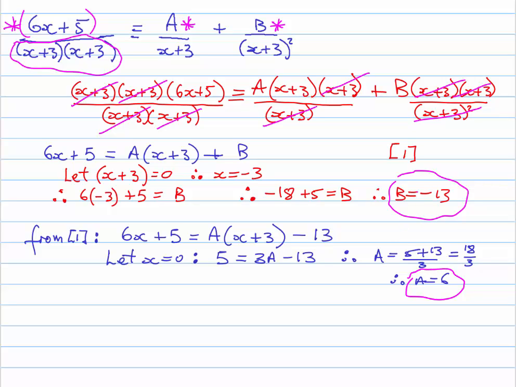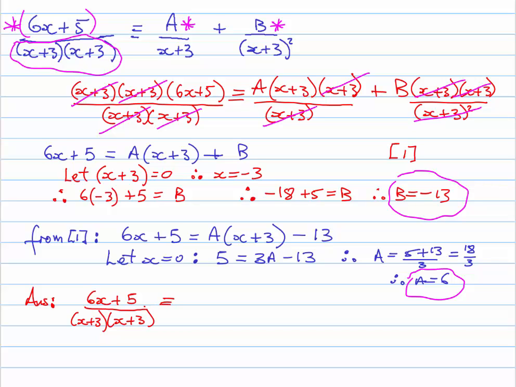So up here we had B equals minus 13, A equals 6. What are we saying then for our proposed answer? We start off with the original problem, which was 6x plus 5 sitting over x plus 3, x plus 3.